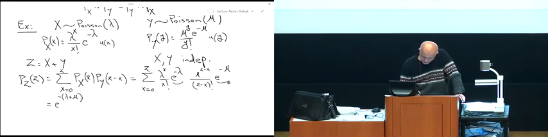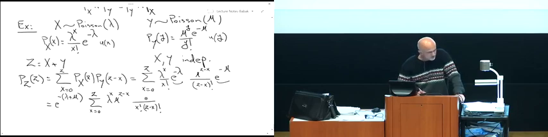And let's see. Now I have a sum, x from 0 to z, lambda to the x, mu to the z minus x. I've got, what do I have? I've got an x factorial, I've got a z minus x factorial. What do I need in the numerator to make this pretty?